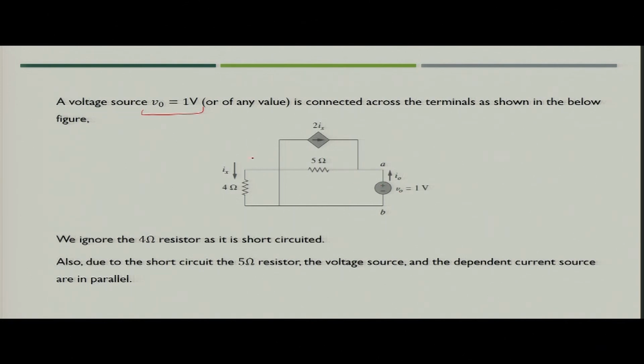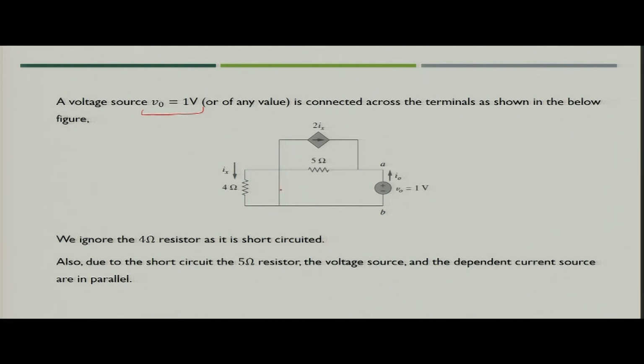Now, if you see this segment of the circuit, this is the short circuit component because of the voltage source we short circuited. So, the 4 ohm resistance which you see here is now short circuited.